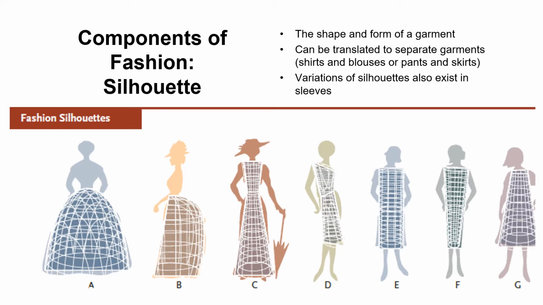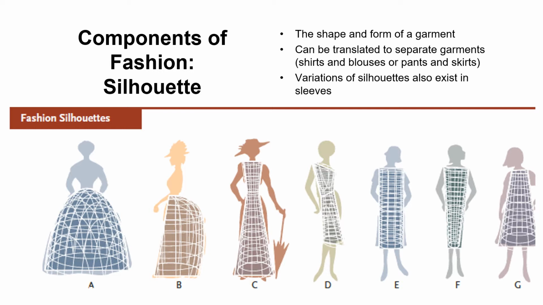What makes up fashion, right? So we've talked about fashion and style and design. We've talked about classics, trends, and fads, and there are three components that make up all of those garments, all of those that contribute to that terminology.